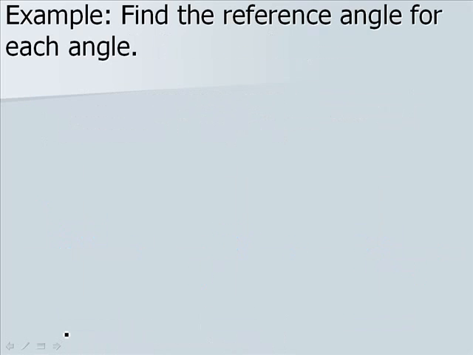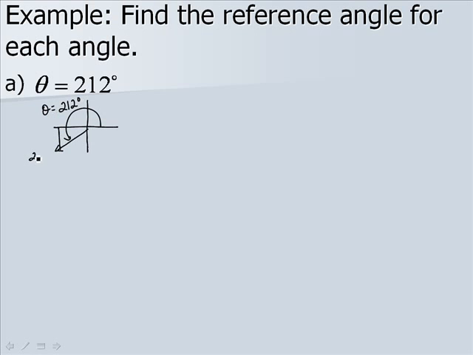So let's look at an example. We want to find the reference angle for each angle given. Our first angle is 212 degrees. 212, if we were to draw it, has its terminal side in quadrant 3. So our reference angle is here.